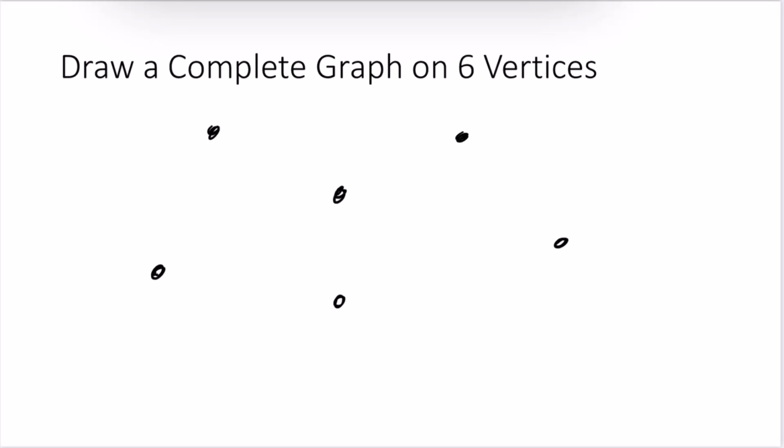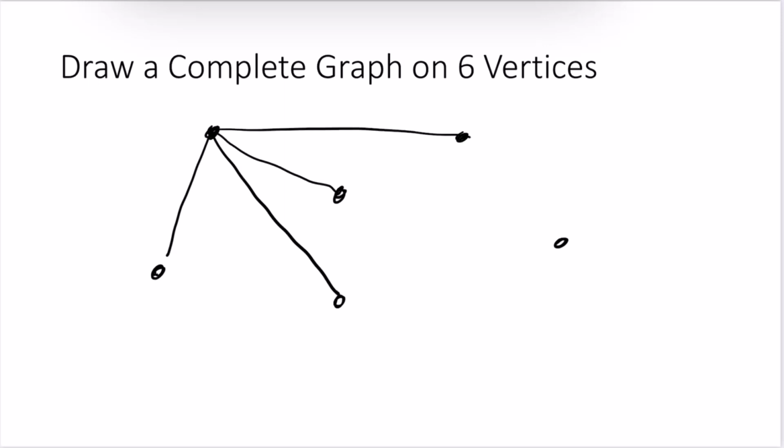And in order for my graph to be a complete graph, every single vertex needs to be attached or adjacent to every other vertex. So I'm going to maybe start with this vertex and make sure that it is adjacent to every other vertex in the graph. So it could look like that.